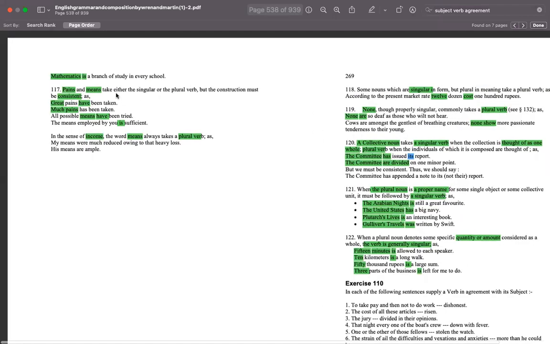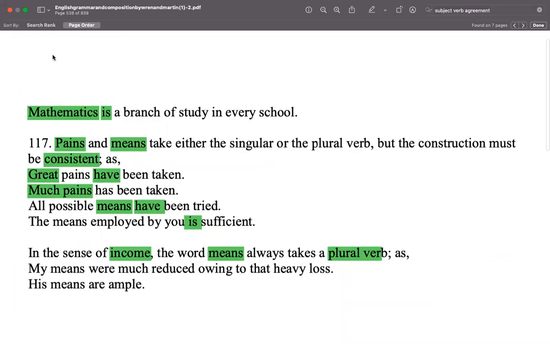More is there. Look into it. Mathematics. It's the name of a subject. So that's why the verb is also singular in form. Mathematics is a branch of study. So this is one of the rules which you need to know.